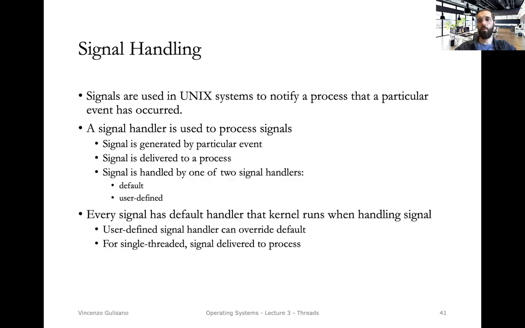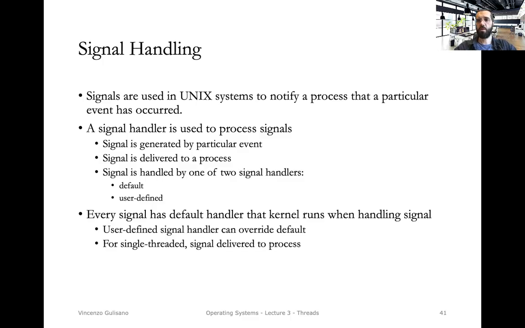Now, if you have single-threaded processes and you send a signal to a process, it's pretty easy who you should contact. It's easy to understand who the kernel should contact: the process, which is the single thread.